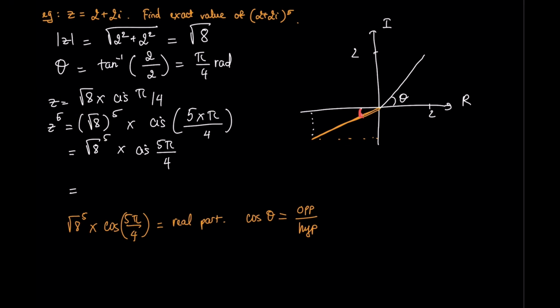If we put that into the calculator, we'll have minus 128. And for the imaginary part, we'll just change the cosine into sine. Thus we'll have minus 128i. And here we'll have our result.